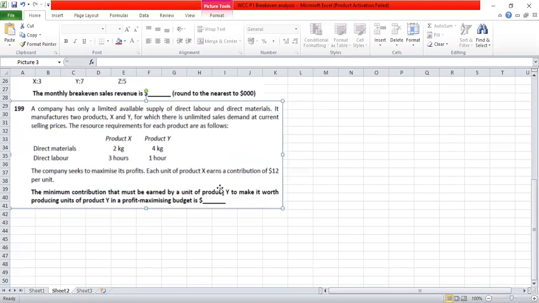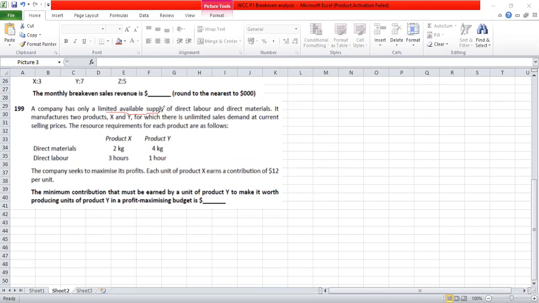See, a company has a limited available supply. There are certain factors which are limited in nature. It's not that all the resources are available abundantly all the time. So here also the situation is a company has only a limited available supply of direct labor as well as direct material.